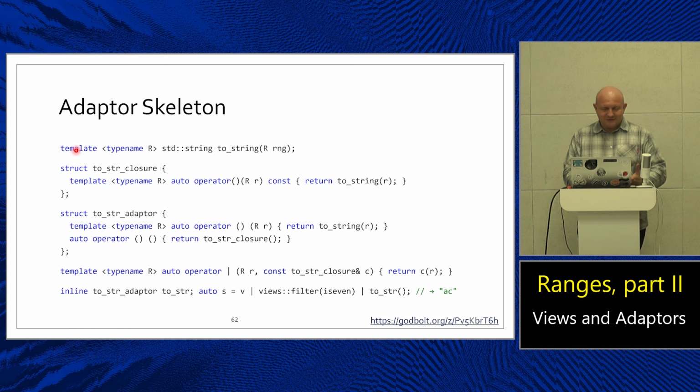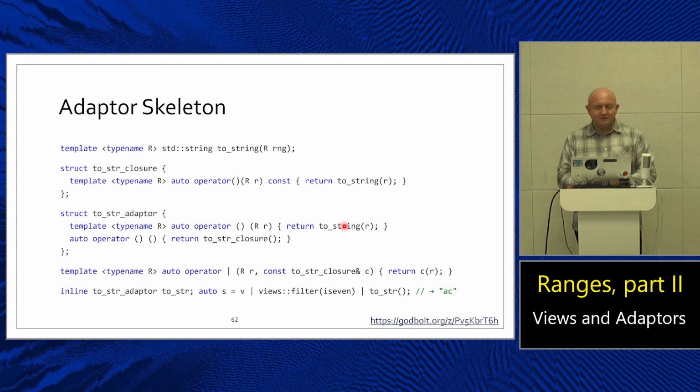And here's a minimal skeleton. We already have toString over any range as a plain function. Now we introduce a closure object, something callable, whose call operator simply forwards to string.